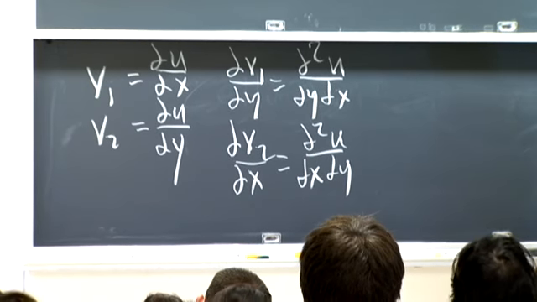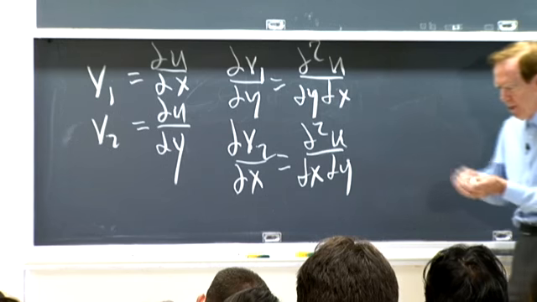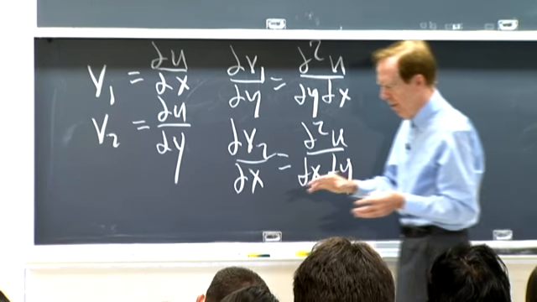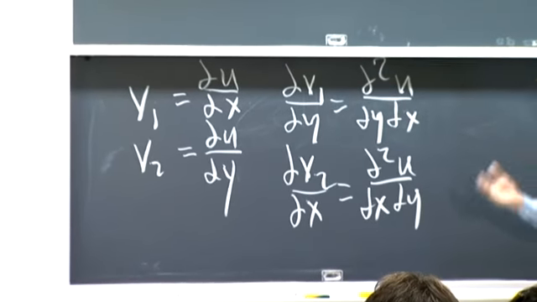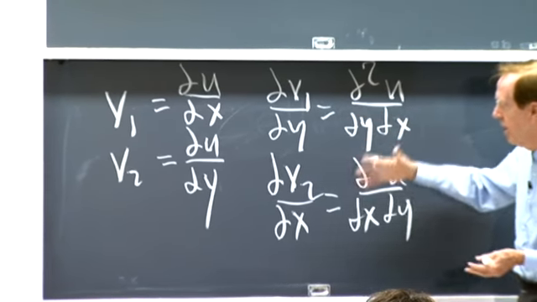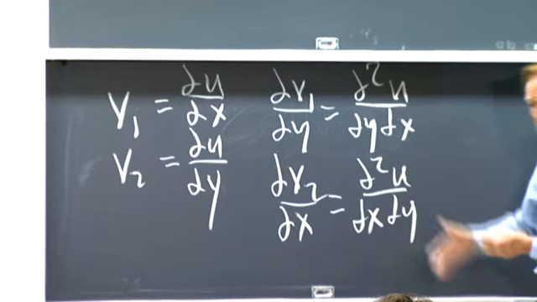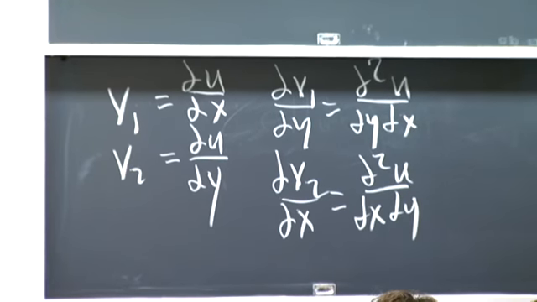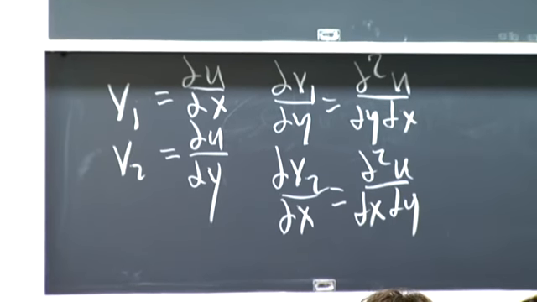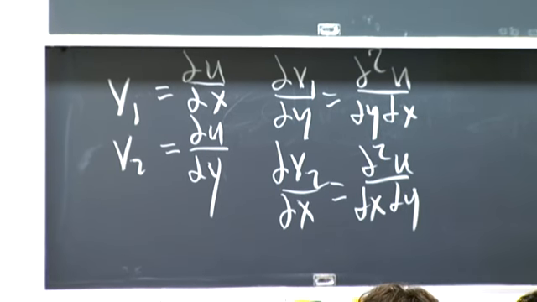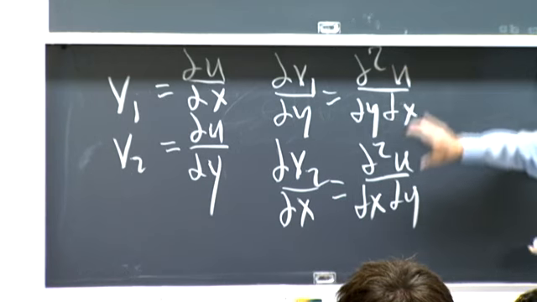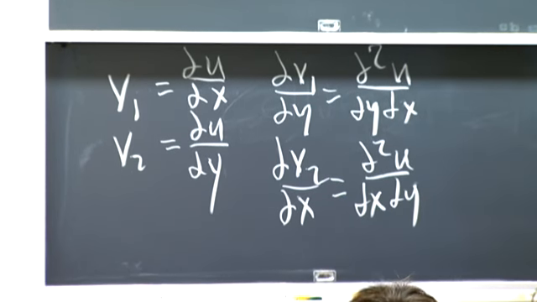So I'm operating on the equations, doing the same thing to both sides of each equation. Now I'm going to eliminate, and what am I going to find? What's the key point here? The key point about second derivatives is that that equals that, right?